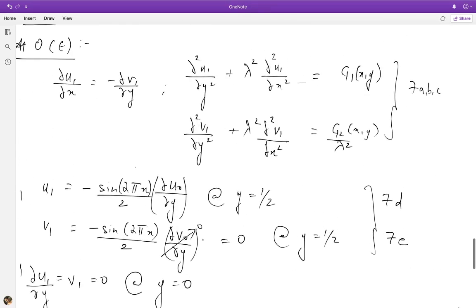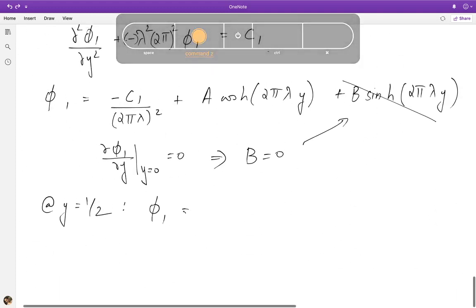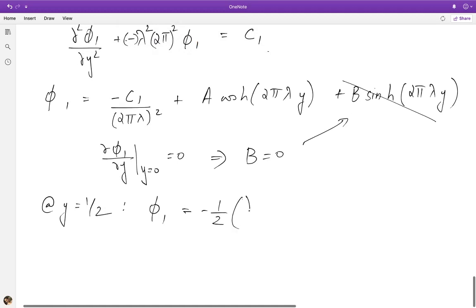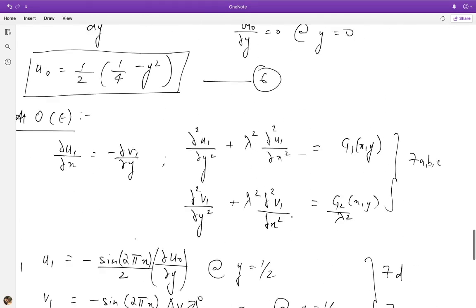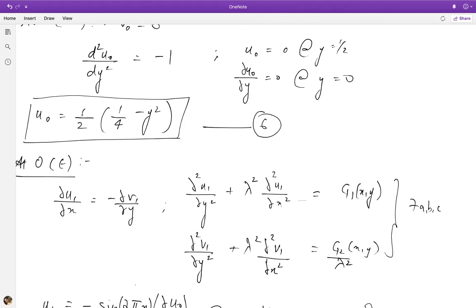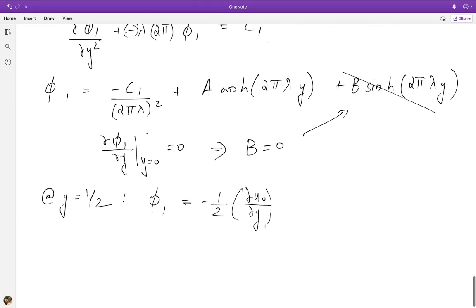So I get φ1 is equal to minus 1/2 ∂u0/∂y, and as I said from here, ∂u0/∂y is simply, so I'll get half times minus 2y evaluated at half, that is half times minus 1, so I get minus half, and minus half times minus half will be plus 1/4.